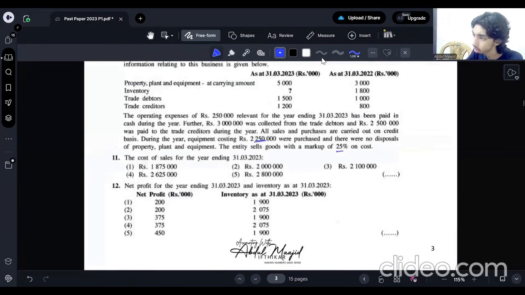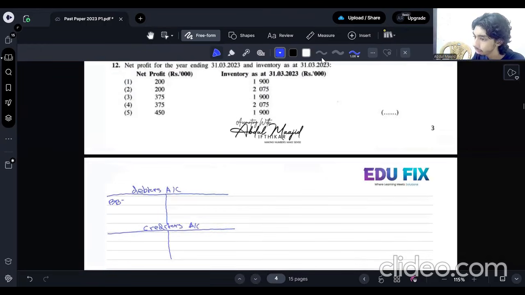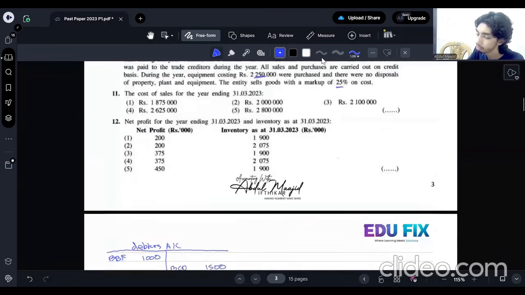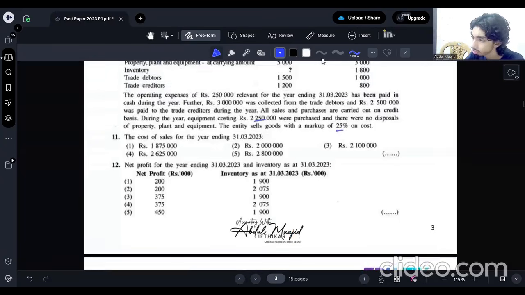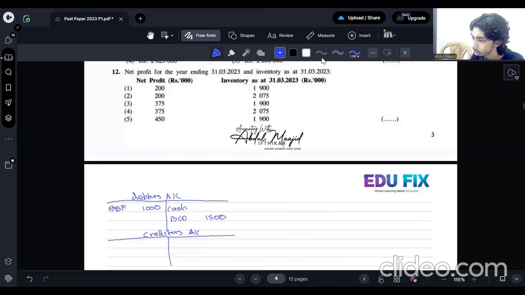So debtor opening and closing balances are given as 1,000 and 1,500, BBF 1,000, BCD 1,500. We have received cash from debtor. Here further 3,000 was collected from debtor. Cash 3 million. And when you balance off, you can find the sales amount. 4,500,000 minus 1,000, that will be sales will be 3,500,000.